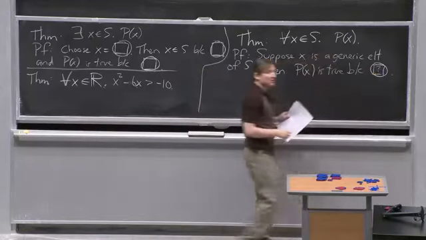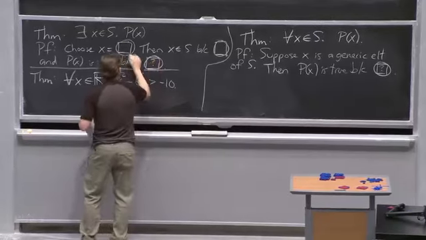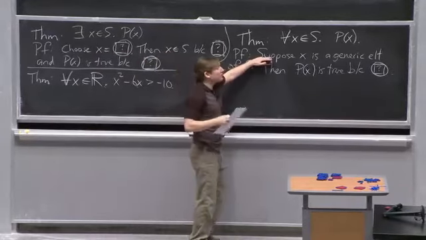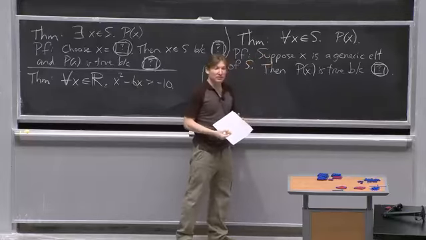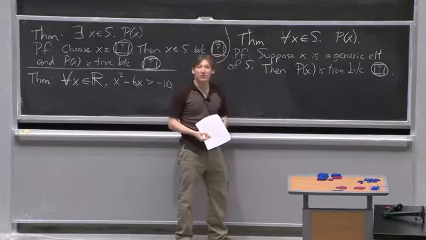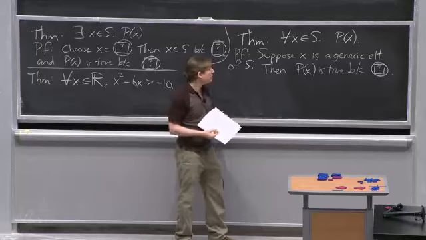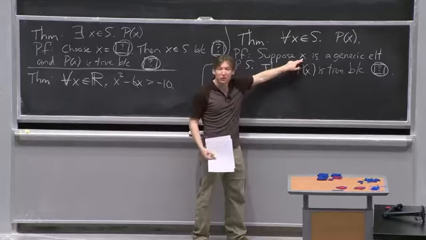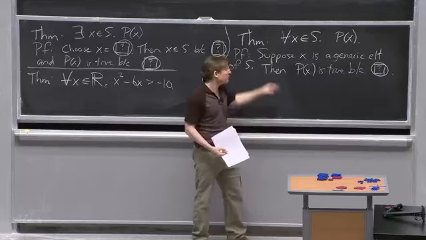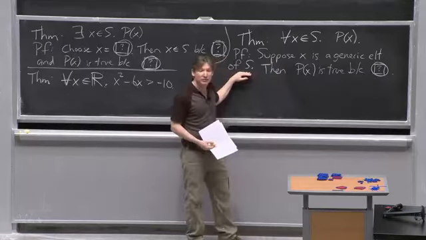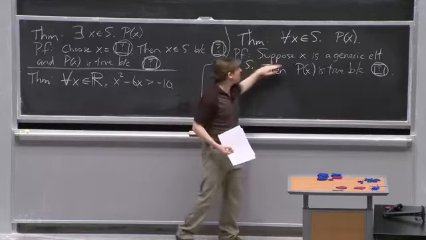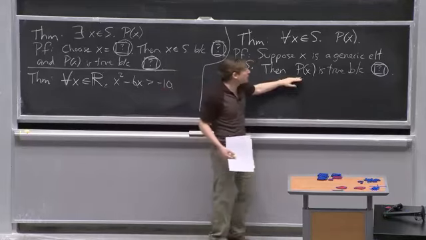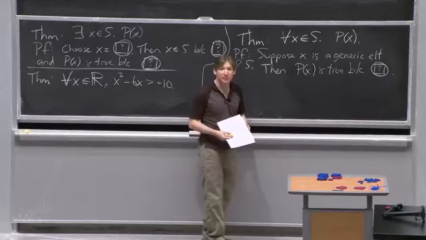I think it makes sense to put little question marks in there so we know that we have to figure out what's going on. There we go. This first line, suppose x is some element of S. Which element? We're not allowed to know. We're not allowed to choose a particular one. We need to prove that this is true for every possible choice of x, which means in our proof, the only thing we assume about x is that it's in S. So you start by taking something in S and assuming nothing else about it, and then concluding the property that we need to show.